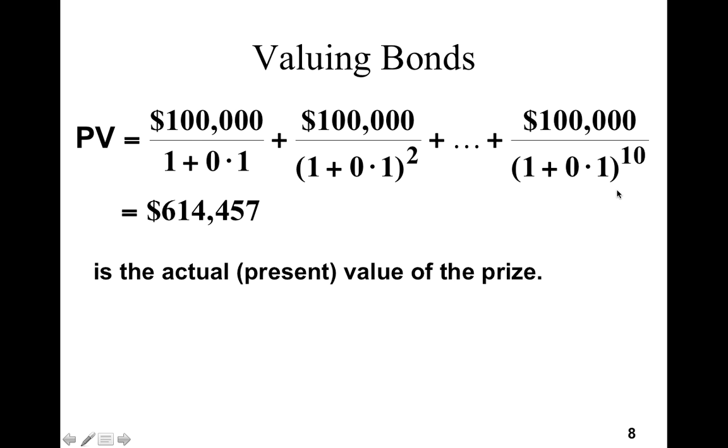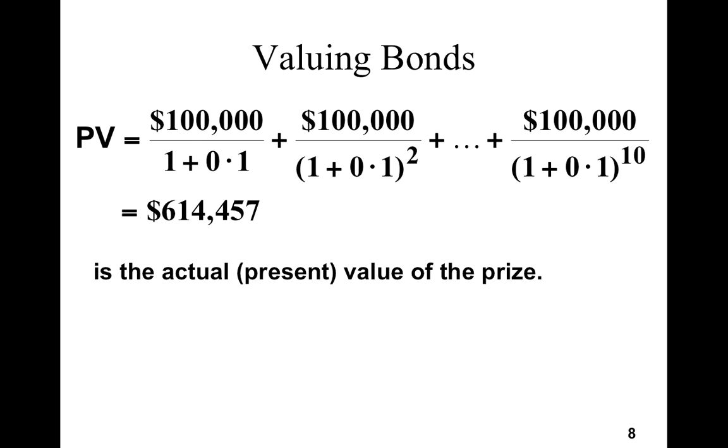So the last term in this present value calculation will be divided by 1 plus the rate of return raised to the total number of years, which is 10. If I do the calculation, the present value of this would be 614,457.